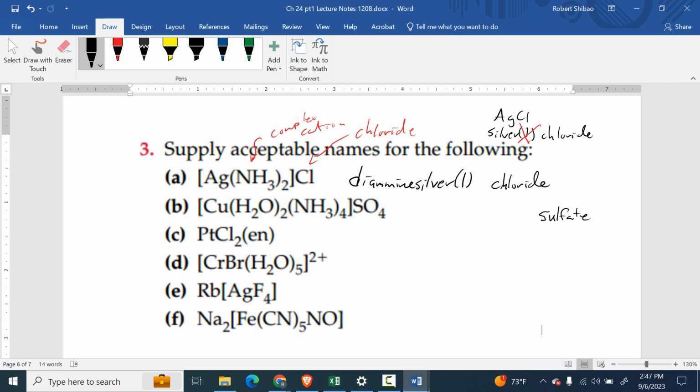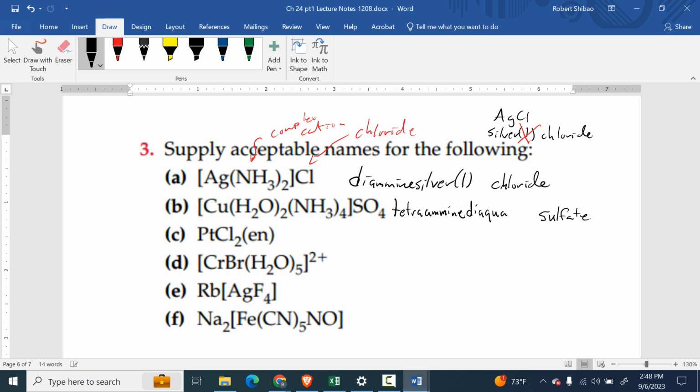We ignore the prefix. So this is going to be called tetra for 4. Tetraamine. Now amine is with 1 M or 2 M's? 2 M's. Tetraamine. Okay, how many aquas do we have? 2. And so we're going to call it tetraamine diaqua. We're still in the primary numbering system. There.